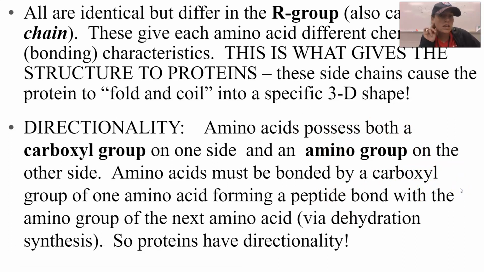The only thing that identifies the 20 different amino acids is this thing called an R group, or a side chain. Call it an R group when you're writing about it in the AP format. What this R group allows it to do is to fold or bend or coil or pleat. We will see all of these different things, and it actually gives the protein the 3D shape that is so specific to what its function will be.